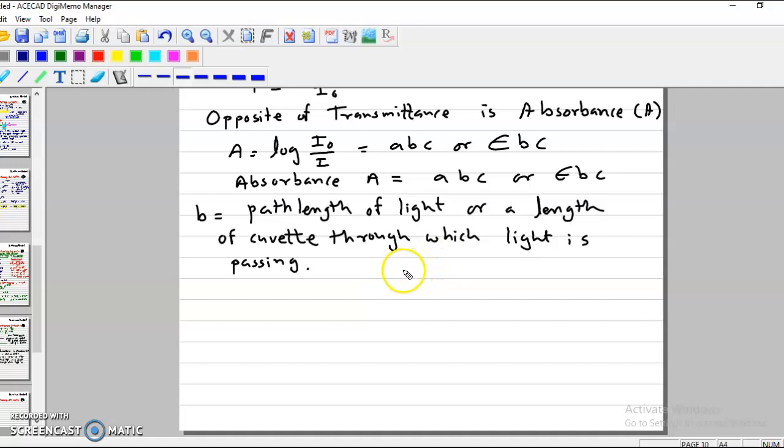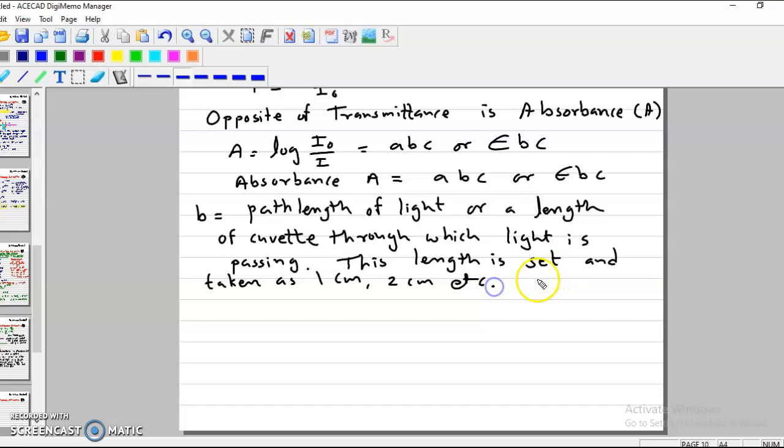This length is set because we decide this. It is taken as 1 centimeter, 2 centimeter, etc. But it is fixed. Therefore, we can say B is constant. It is not variable.